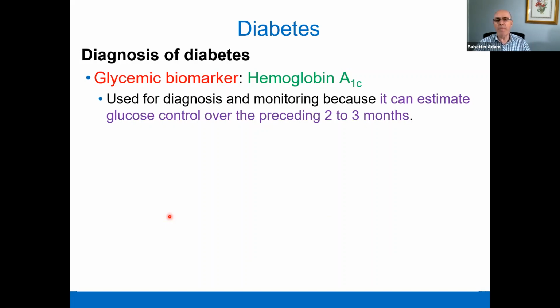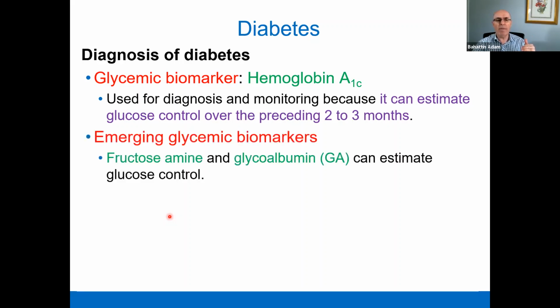We use this test both to diagnose and monitor diabetes mellitus, and it can estimate glucose control over the preceding 2 to 3 months. We also have emerging glycemic biomarkers, fructosamine and glycoalbumin. They can estimate glucose control.